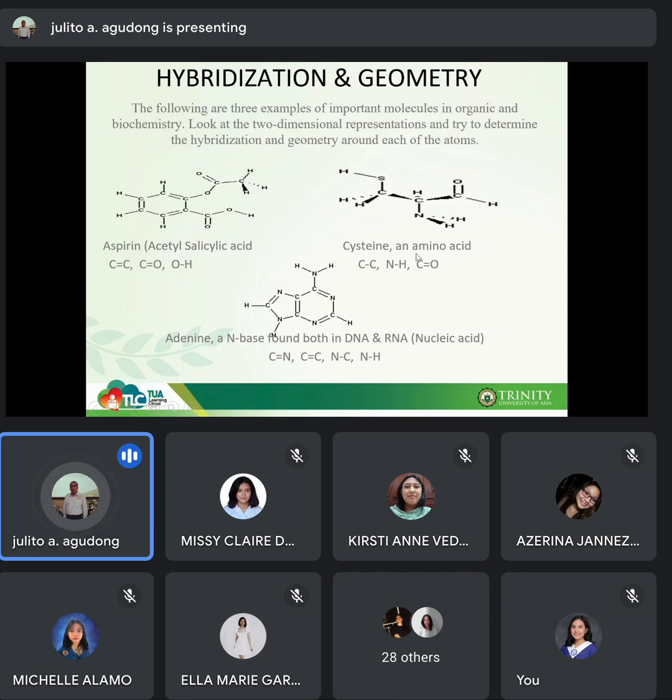Next, the cysteine molecule. Cysteine is an amino acid, one of the 22 most common amino acids. There are now 22, added is the newly discovered natural amino acid, selenocysteine.